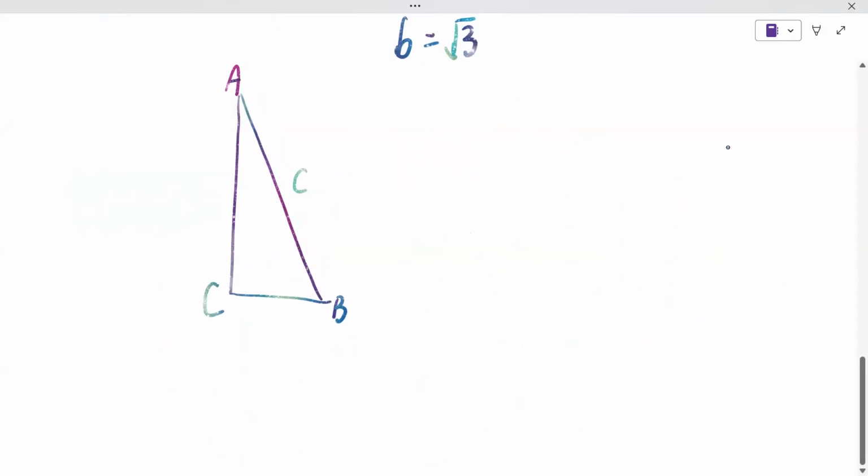This is what we talk about: the opposite side of this angle C is lowercase c, and this is b. And this is 30 degrees, and this is 60 degrees, 90 degrees, right? And basically, all the trigonometric functions, right? Three functions, trigonometric functions.